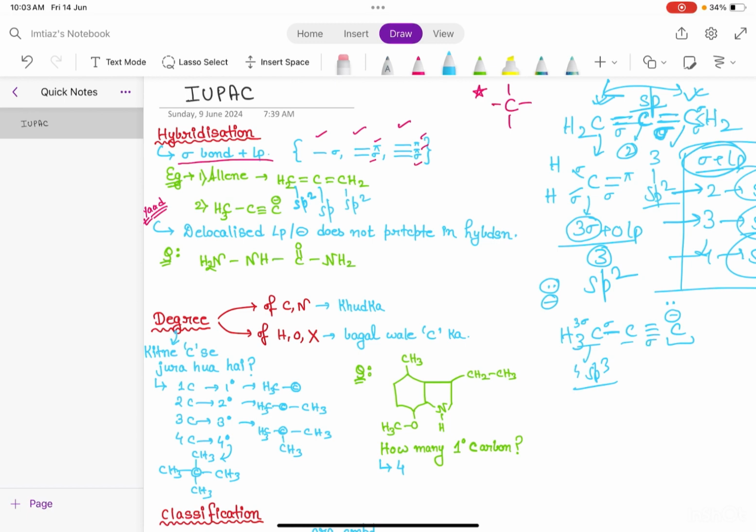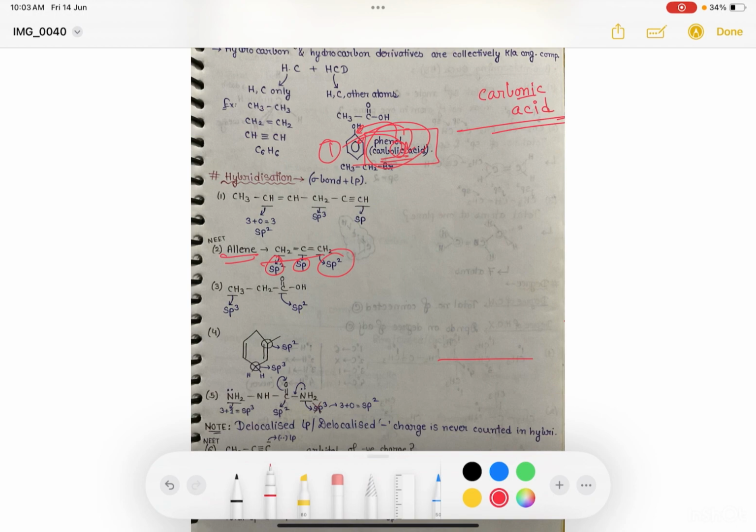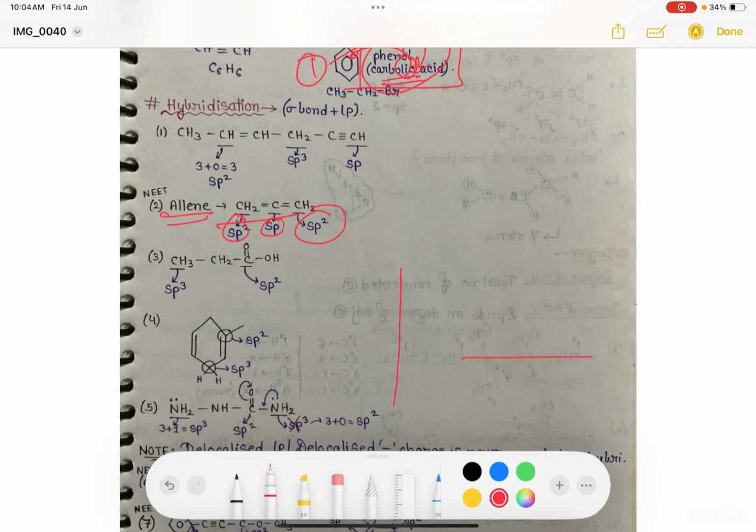And here you have 1 sigma, another sigma, 2 sigma, sp. Dealing with this, it is having 1 sigma over here and 1 lone pair. These two are pi bonds. So 1 sigma and 1 lone pair, so it is 2, it is also sp. So this is sp, this is sp, and this is sp3. Okay, let us check it once.